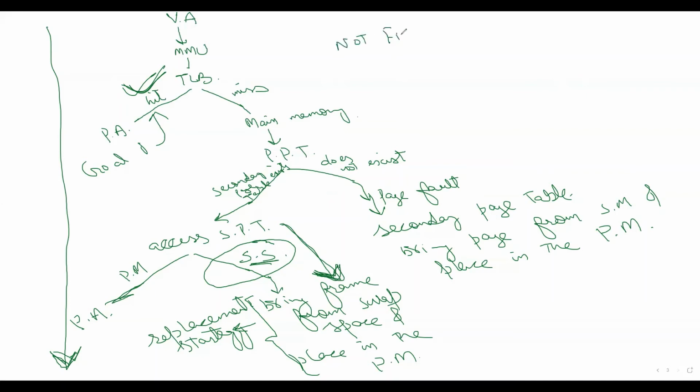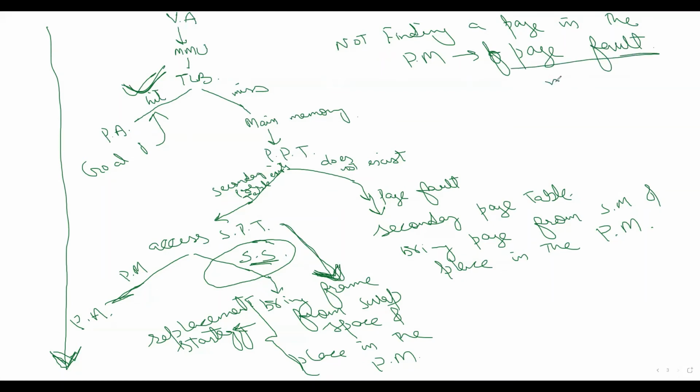Not finding a page in the primary memory is called a page fault. In that scenario, we have to get the page from the secondary memory and put it into the primary memory, and sometimes this takes millions of cycles. So we want page faults to be minimal and the hit rate in the TLB to be maximum.